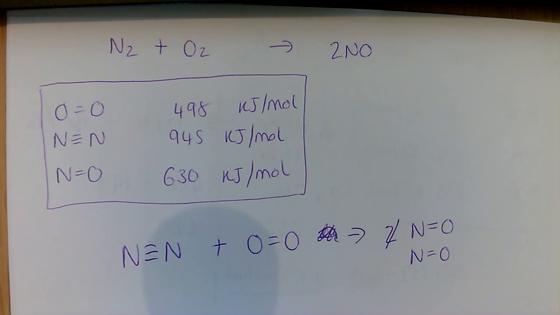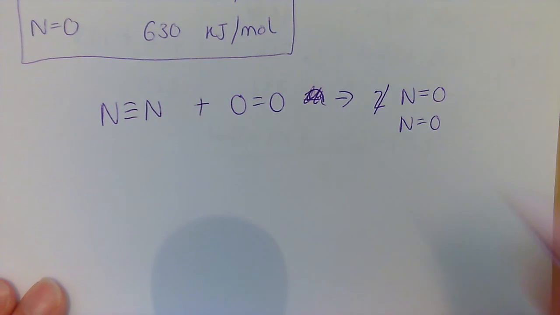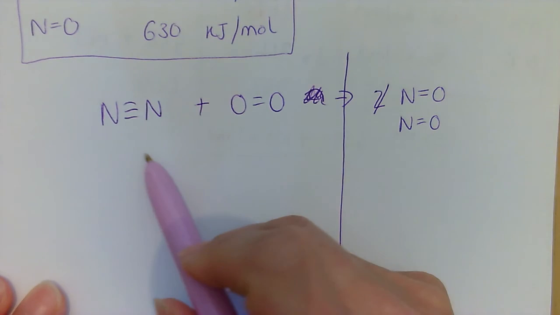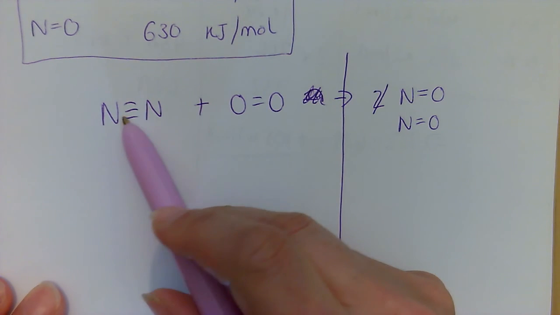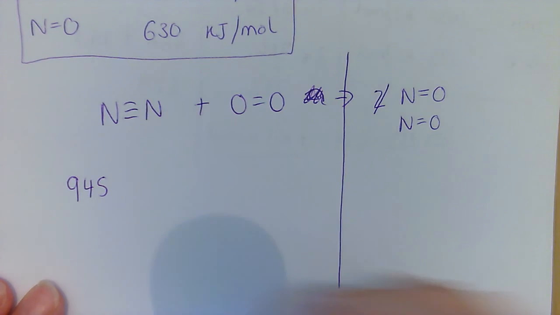Okay, so pause me and have a go at doing that calculation. Okay, so over this side, straightforward, I've got 1 triple bonded nitrogen to nitrogen, which is 945.